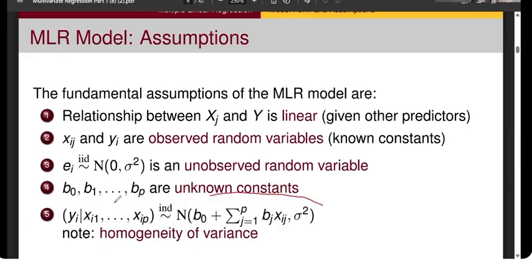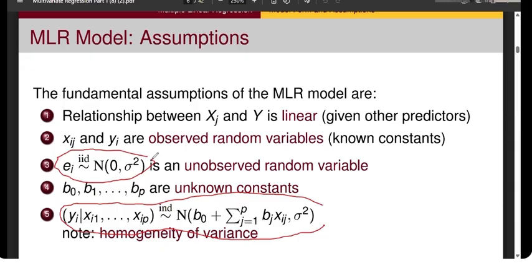Please pay attention. If you look at assumption number three, the moment it holds, the error follows a normal distribution. The error is the unexplained part of your model. A model cannot explain everything, so the part that your model cannot explain is a random variable that must follow a normal distribution.